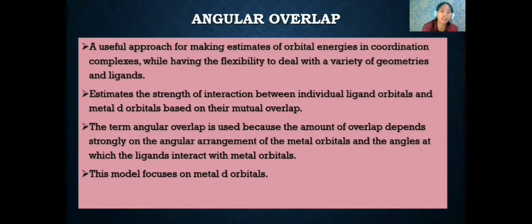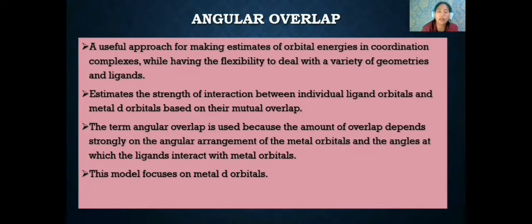The term angular overlap is used because the amount of overlap depends strongly on the angular arrangement of the metal orbitals and the angles at which the ligand interacts with metal orbitals. This focuses more on the metal d orbitals, on calculations of the energy levels of the d orbitals.